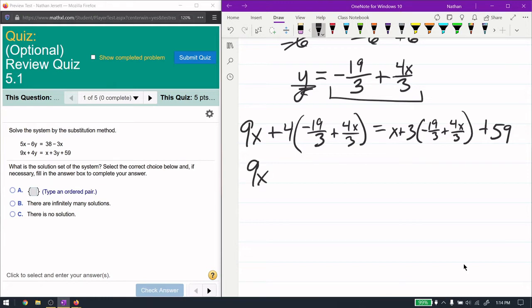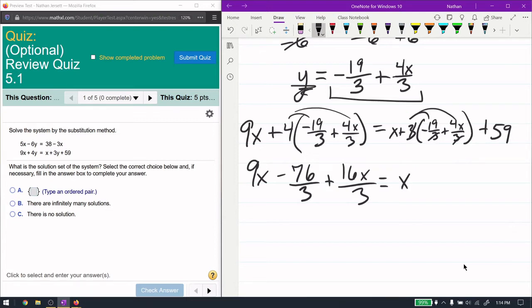So we have 9x plus, I'm going to distribute this 4 into there. Negative 19 plus 4 is like negative 20 times 4. It's going to be negative 80 with, so negative 76 over 3 plus 4 times 4 is 16x over 3. Distribute the 3 into there. This 3 will actually cancel with the denominators, so I don't have to worry about actually doing the distribution.